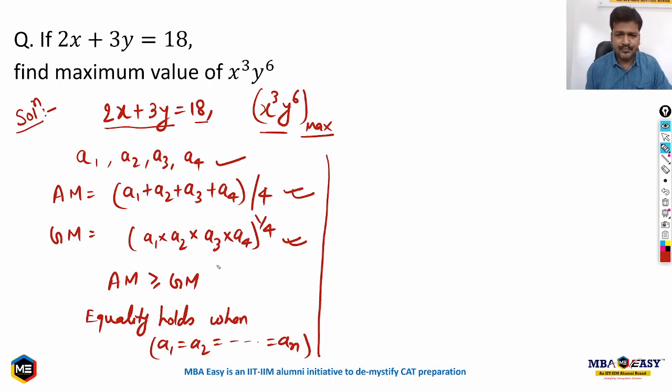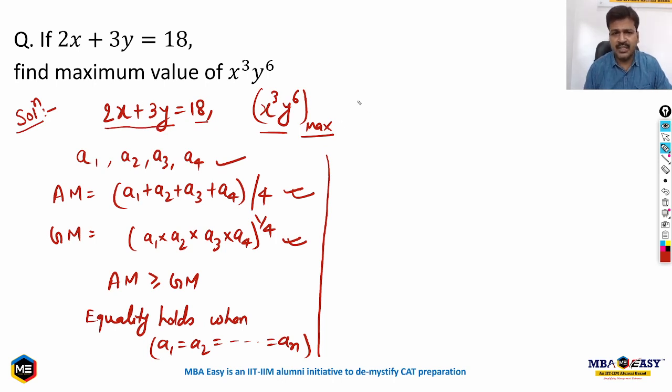So keep in mind there is also one more mean called harmonic mean, and the inequality also involves it, but we have not discussed that simply because it is not in use as far as this question is concerned. Okay, now that we know what is arithmetic mean and geometric mean, and we know that AM is always greater than or equal to GM, and this equality holds only when all the quantities are equal, let us now attempt this question.